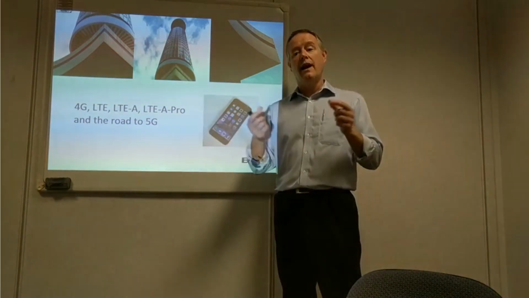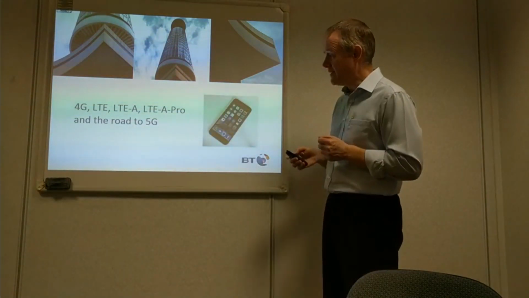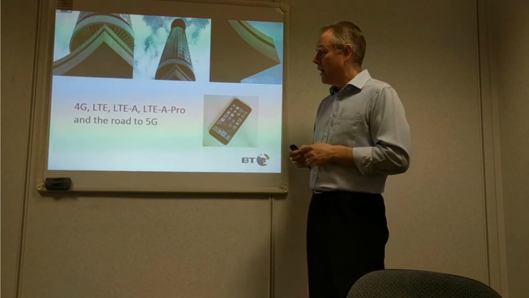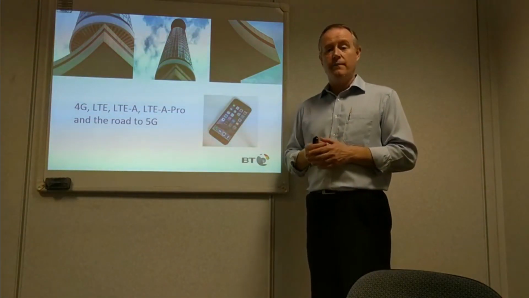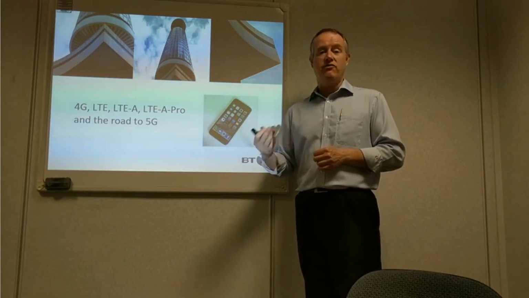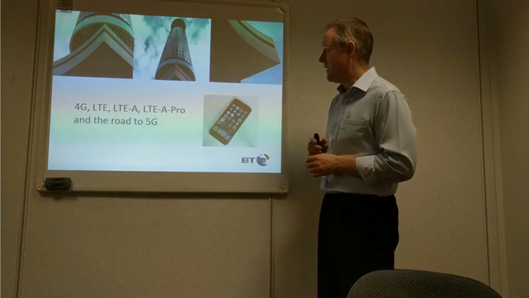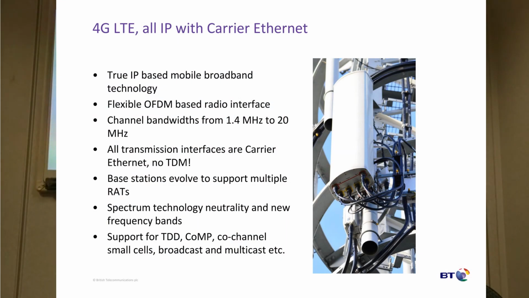So we moved to IP on carrier Ethernet, and from release 8, the first base standard for 4G, we had that same principle of an IP transport network layer with carrier Ethernet. So we've got a true IP-based multimedia communication system now. An example here of a multi-band antenna supporting 4G along with legacy radio access technologies as well.